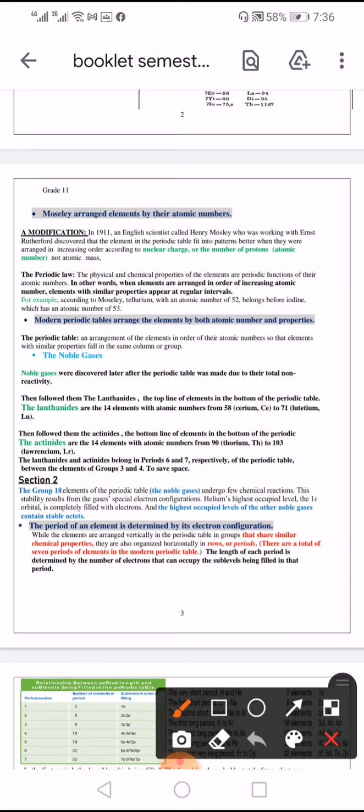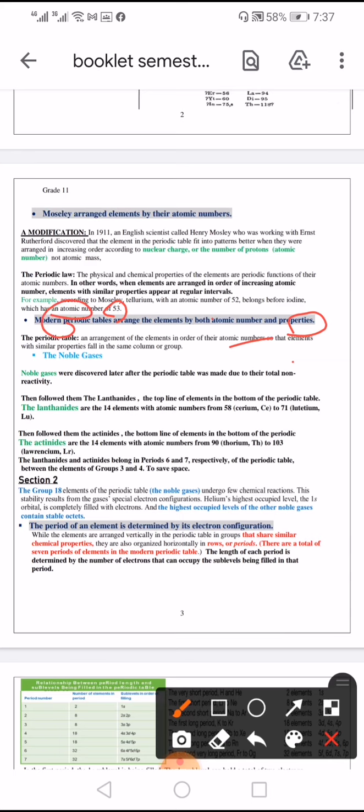According to Moseley, tellurium with atomic number 52 belongs before iodine, which has atomic number 53. The modern periodic table arranges the elements by both atomic number and properties. The periodic table is an arrangement of elements in order of their atomic number so that elements with similar properties fall in the same column or group.